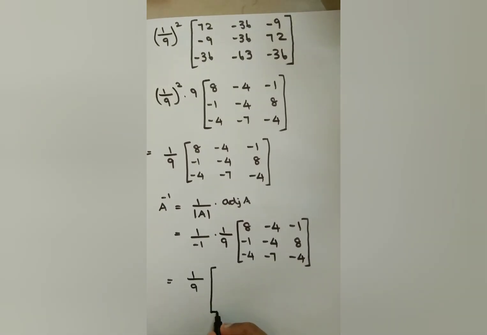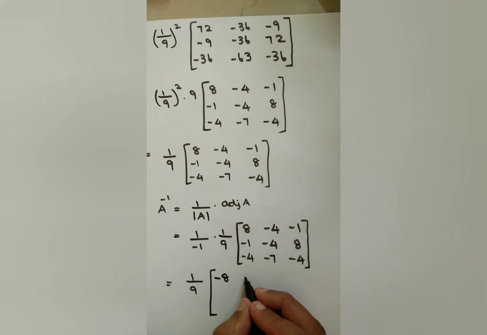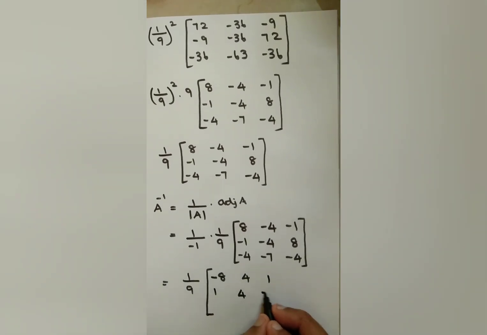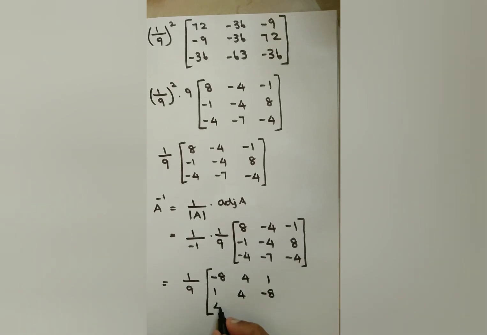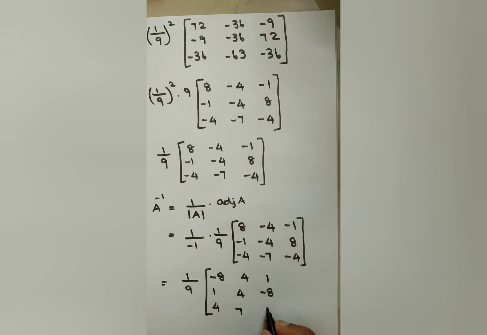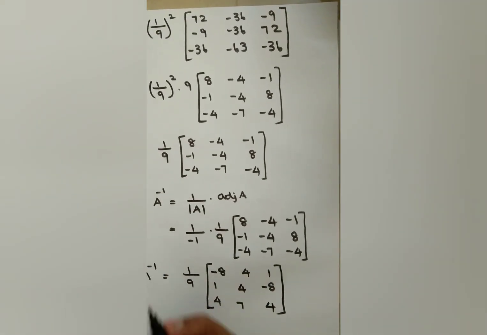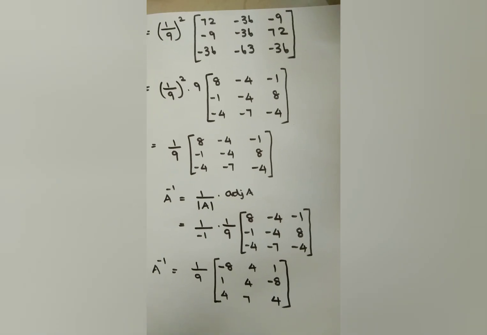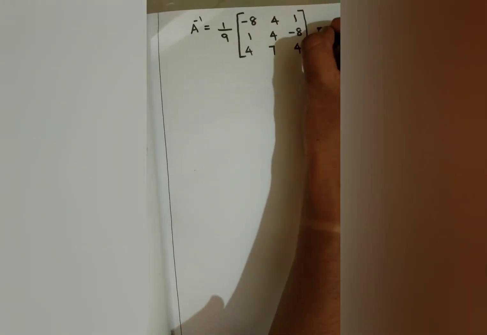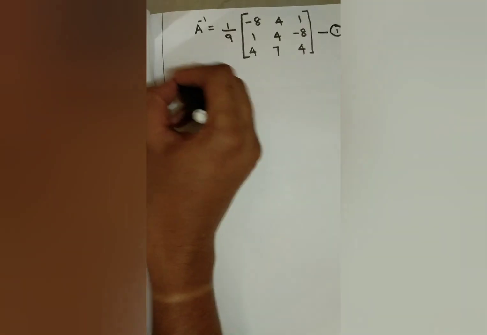So it becomes minus 8, 4, 1, 1, 4, minus 8, 4, 7, 4. So this is my A inverse. So this is my 1.